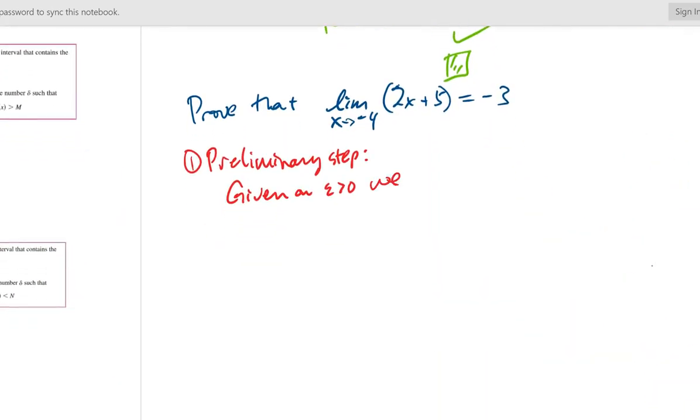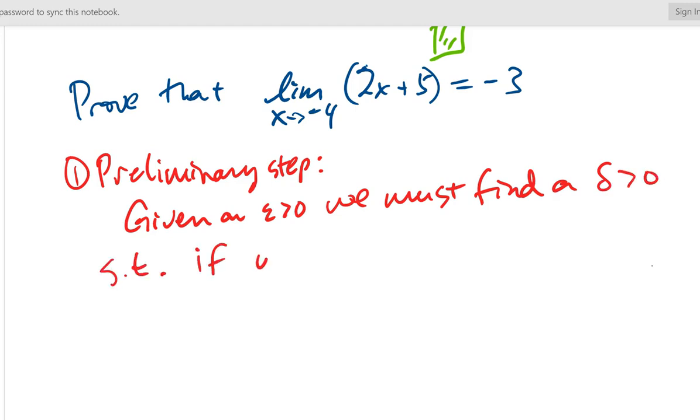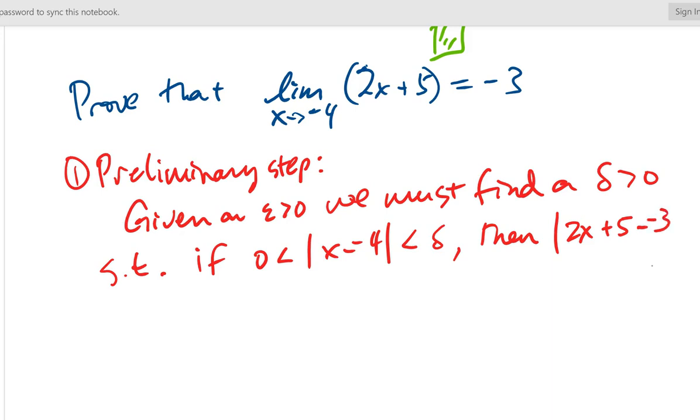Okay, we must find a delta greater than 0 such that if, and I'm going to put in the actual values now, the absolute value of x minus minus 4 is less than delta, then the absolute value of 2x plus 5 minus minus 3 is less than epsilon. So let's clean this up.